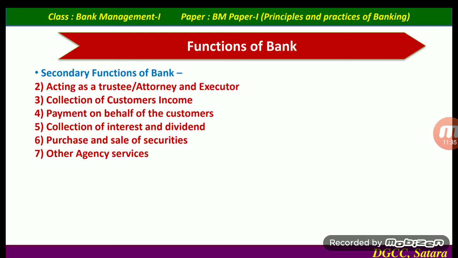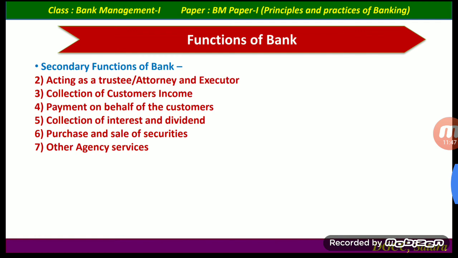Fifth is collection of interest and dividend. The bank collects interest on securities and debentures as well as dividend on shares on behalf of customers and credits them into their account. So banks also collect interest, dividend, and do payment on behalf of customers also.